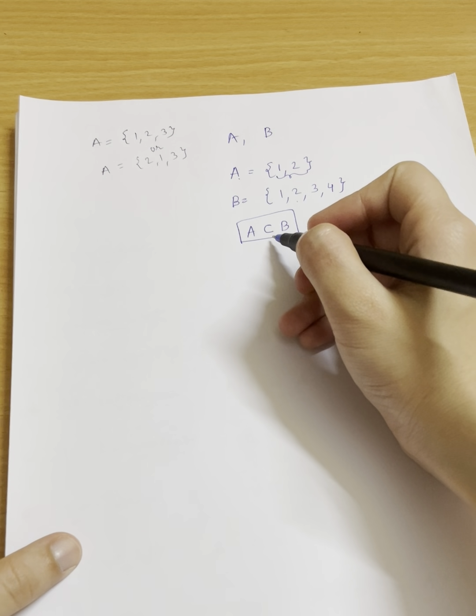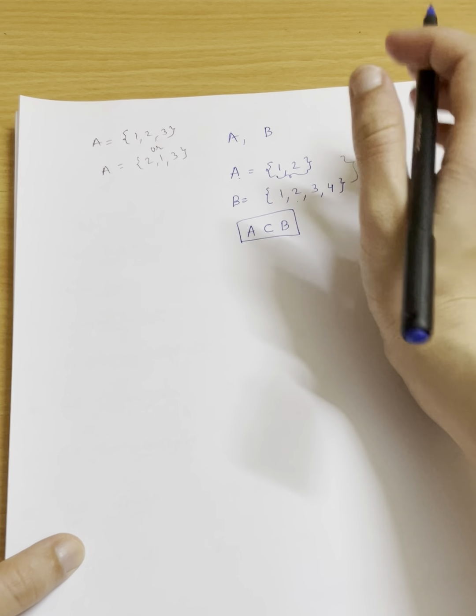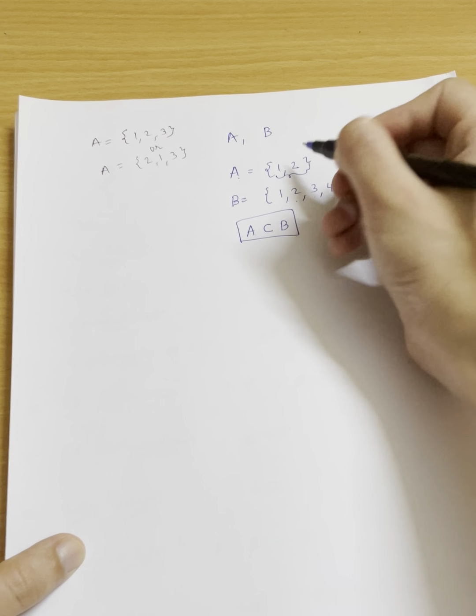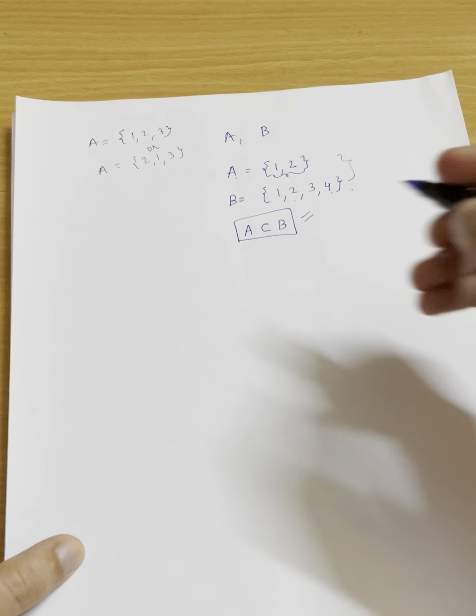Why is it a proper subset? Because these two sets are not equal. The elements 1, 2 are present in B. So that is a proper subset.